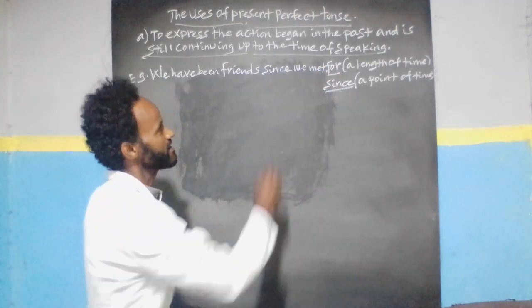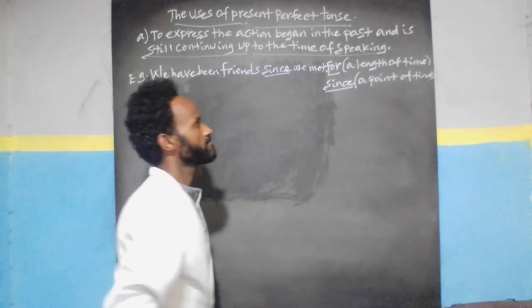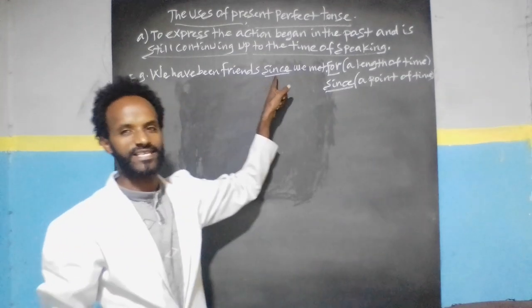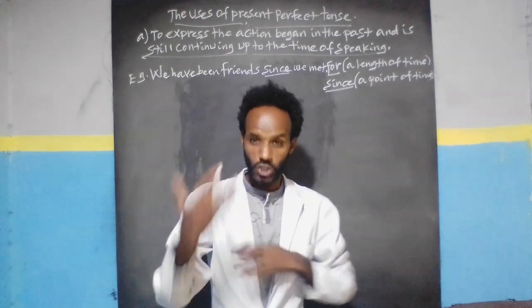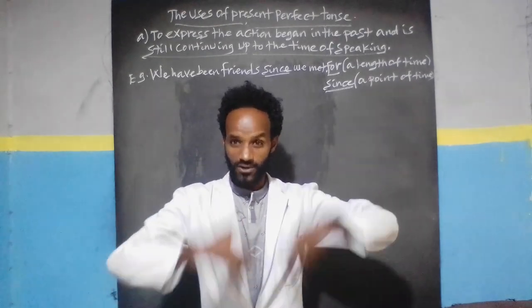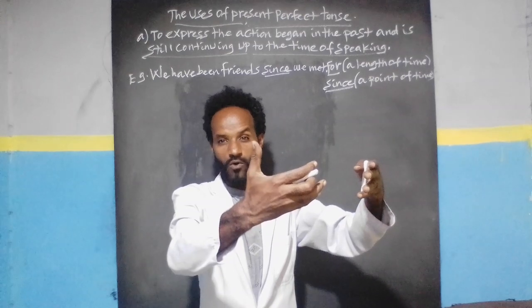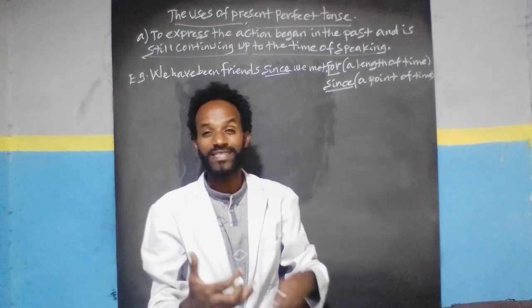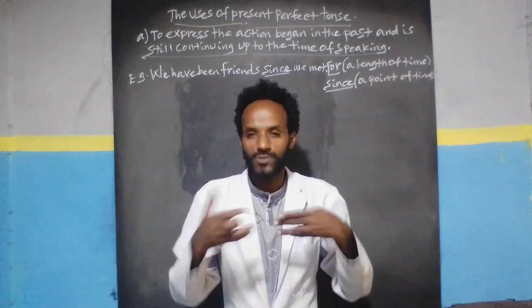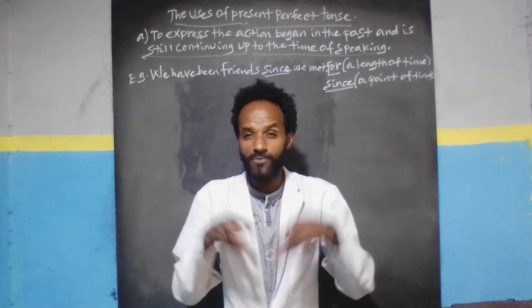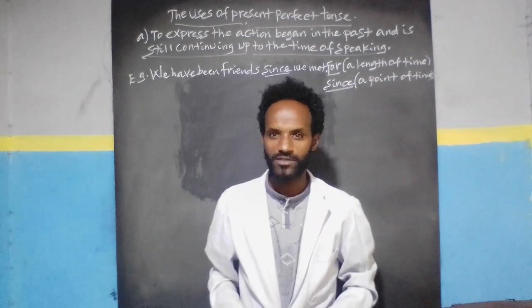Look at class, here I have a point of time, which is since. So now this action is not only in the past, but it also shows an action that completed before now, but the activity continues up to the time of speaking. So that's the point.